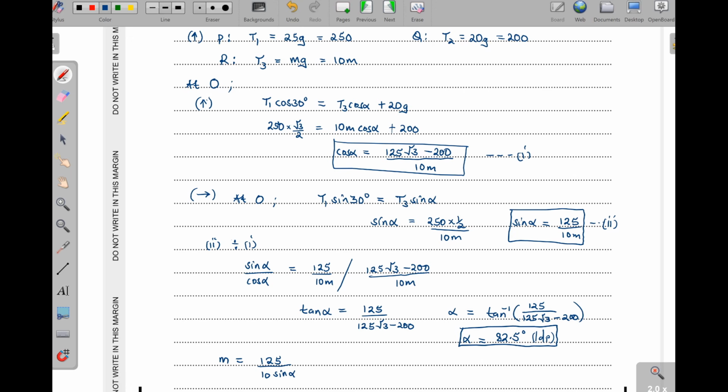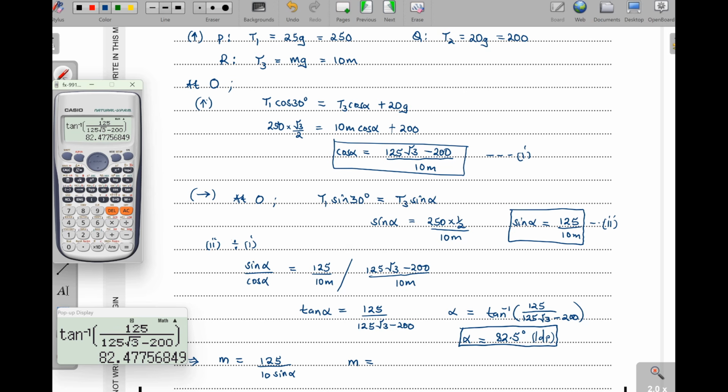So putting this one in the calculator, I'll leave that answer there, and then I'll say 125, then divide by 10, then sine of alpha, which is this arctan here.